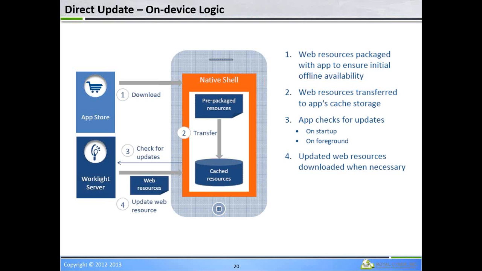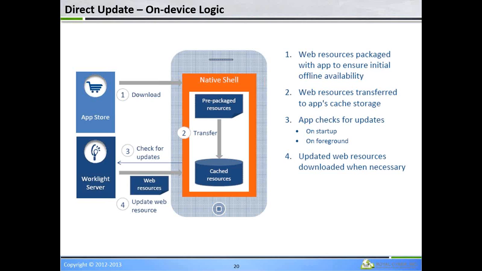You just fix your hybrid part of the application, like your JavaScript or HTML or other backend code. Just deploy the corresponding update on the Worklight server, and when your application on the device connects to your server next time, it will automatically send the new update to the device. So the device will automatically be updated.